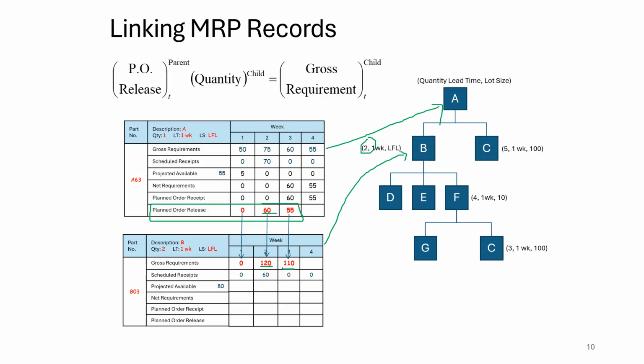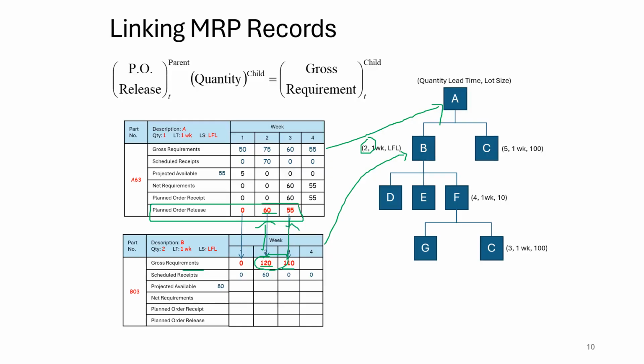In week 2, we plan to release 60 units of product A. But if we want to release 60 units of product A, we should already have product B ready with us, because product A depends upon product B. So this translates into gross requirements for product B, which tells us that if we want to release 60 units of product A in week 2, we should already have 120 units of product B ready in week 2 in the form of gross requirements to satisfy this POR. And similarly, for week 3, we've calculated the gross requirements of product B and so on.